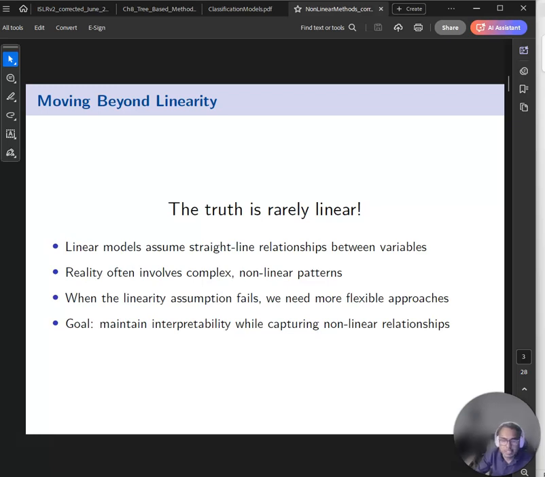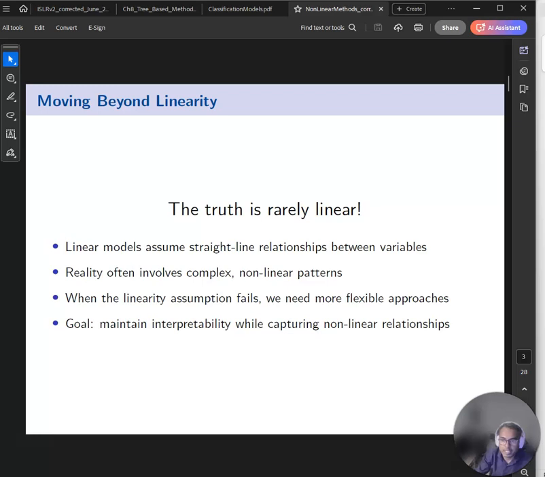the blunt story is that in the real world, relationships are rarely perfectly linear. And by relationships, I'm only talking about relationships in data, not anything else. While linear models give us a great starting point and offer wonderful interpretability, they make a fundamental assumption that the relationship that exists between our variables follows a straight line.